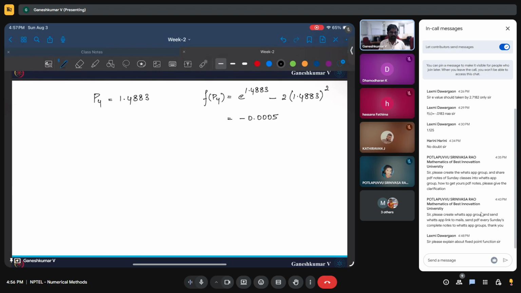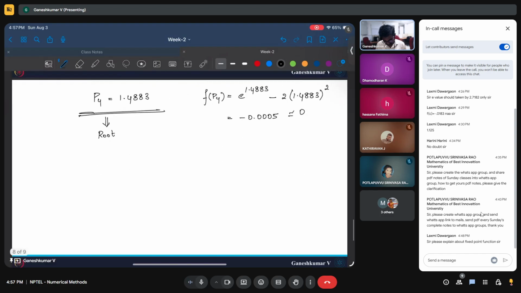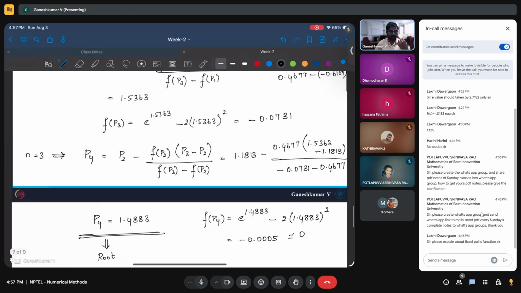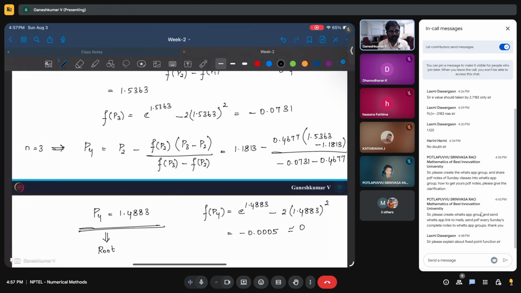Yeah, this is your function, which means this is almost 0, which means this is your root. If you want, you can do fourth iteration and find p5, and why don't you calculate it and find for yourself that p5 will be again close to 1.4883. Okay, so within 4 iterations, by hand calculation, we were able to find the root.